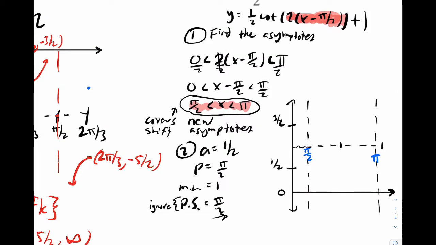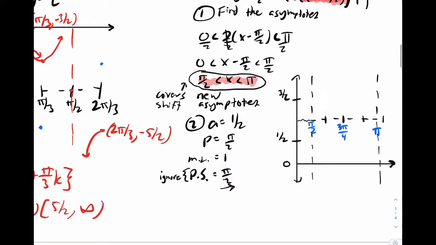Let's label the midline. So you do gotta be pretty good at fractions. If you think about the middle of pi over 2 and pi, that should be 3 pi over 4. If you're wondering how I did that, all I did was I added pi over 2 and pi, and I divided it by 2.